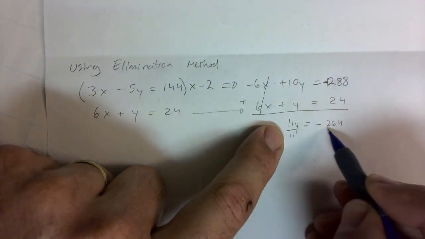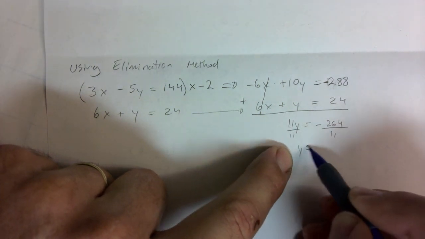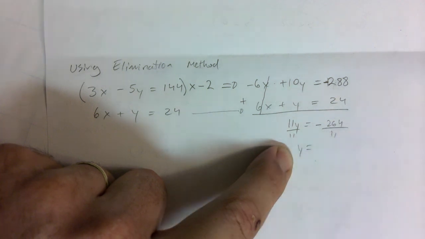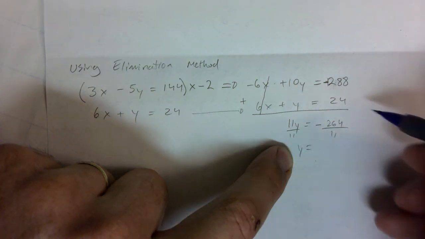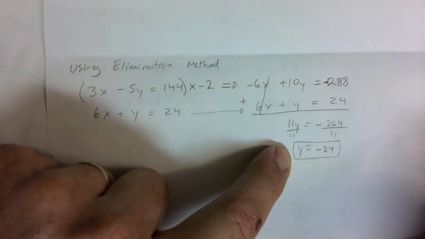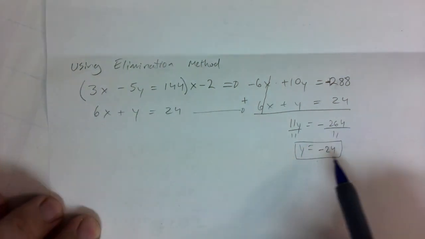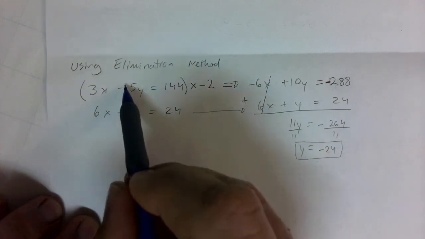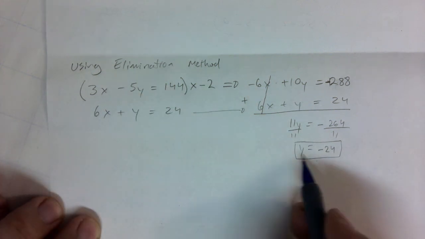And so you divide both sides by 11, and we're supposed to get negative 24, right? But just using your calculator, you will get a negative 24 there. Now you can use this and plug it into either one of them. Okay?